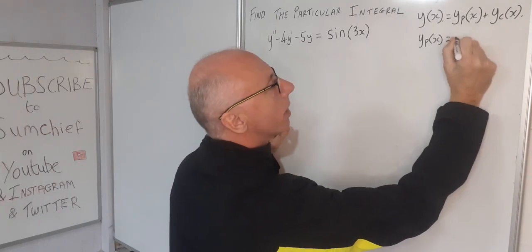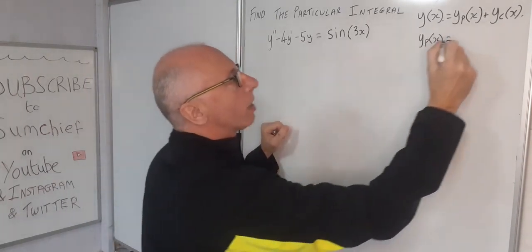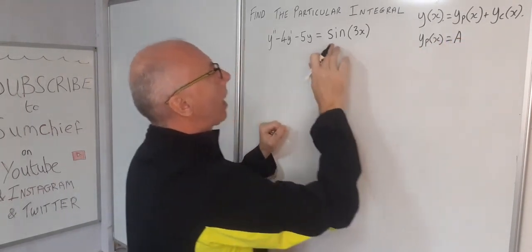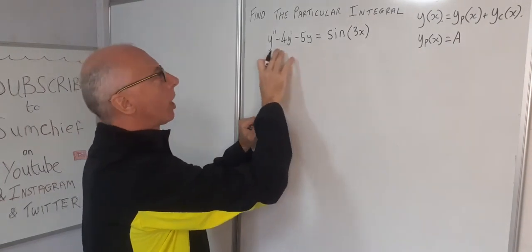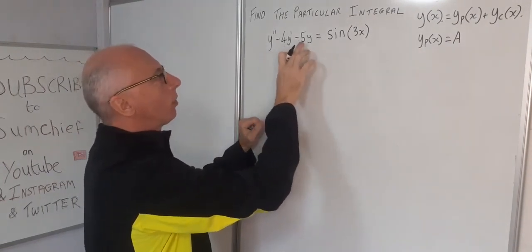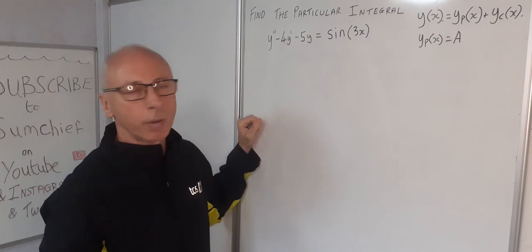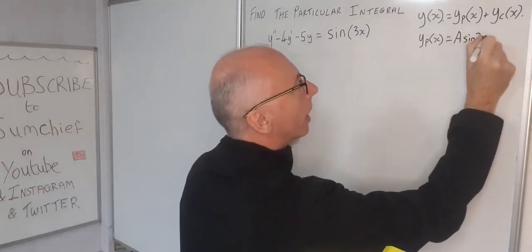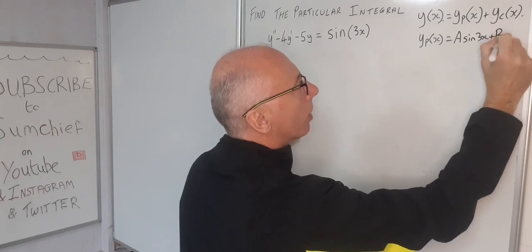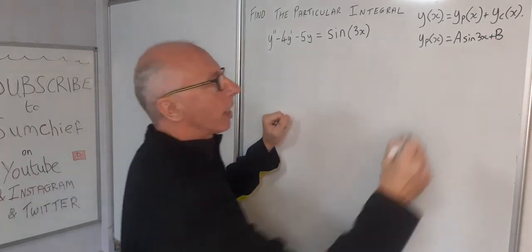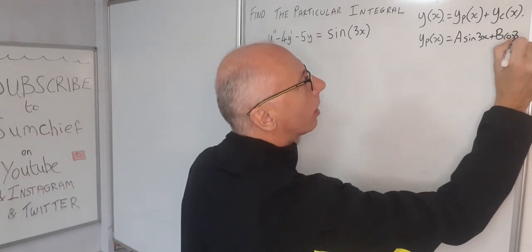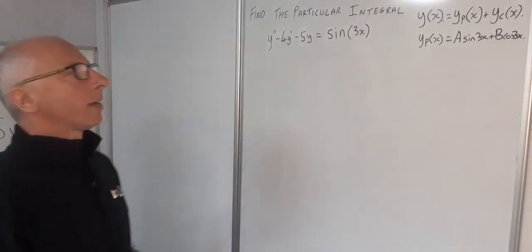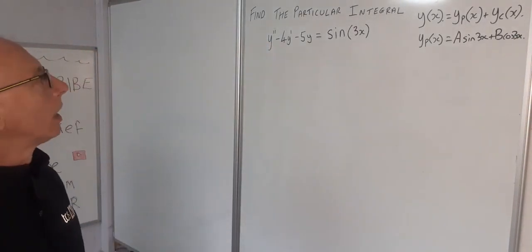We need a constant because we don't know how many versions of sine and cosine are going to be on this side, because we've got a 4 and a 5, and we take derivatives. So a times sine 3x, and then another constant, b, times cosine of 3x. Okay, so that's the place to start.